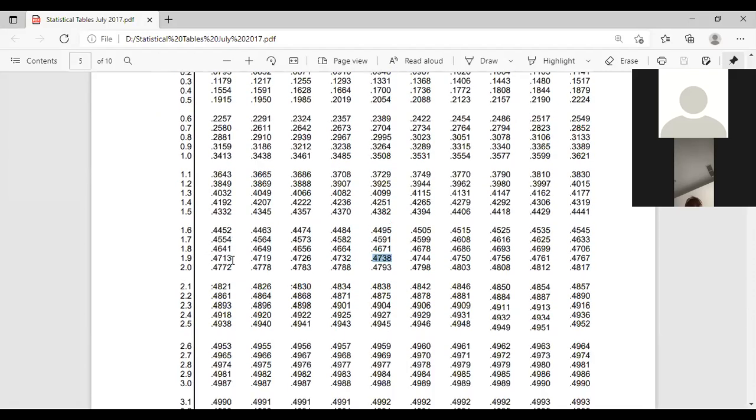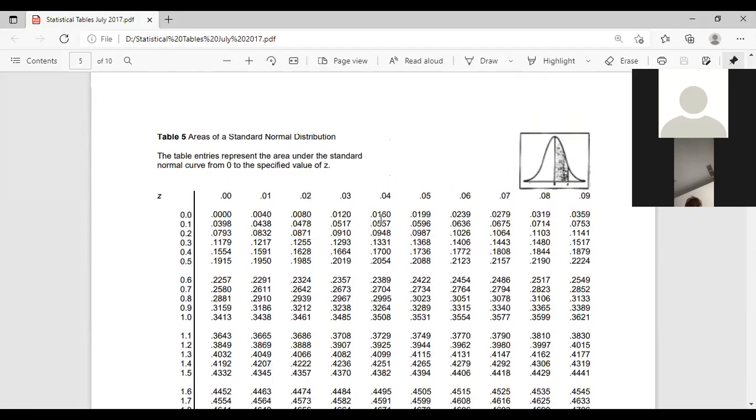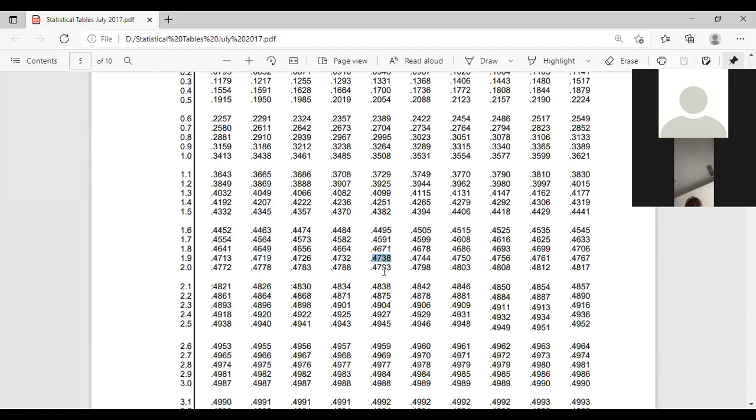So from here 1, 2, 3, 4, and you follow it up and see the 4 right there. Okay, 1.9 under 4 is 0.4738. Right, I'm gonna write this down. 0.4738. So I go there and put 0.4738.